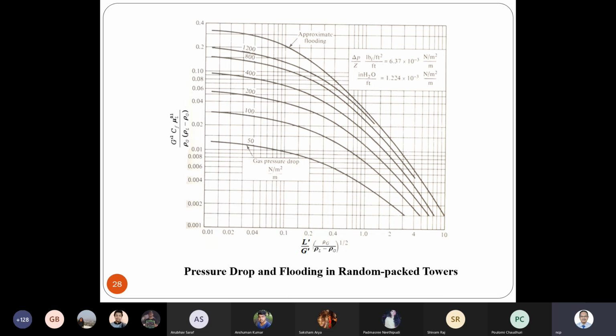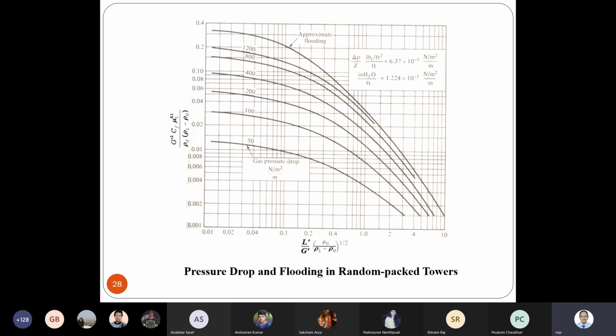So we'll get different values for this. Those are all tabulated, usually given by the manufacturer, who is supplying you this packing. So that will be the characteristics of the packing material, supplied by the manufacturer.